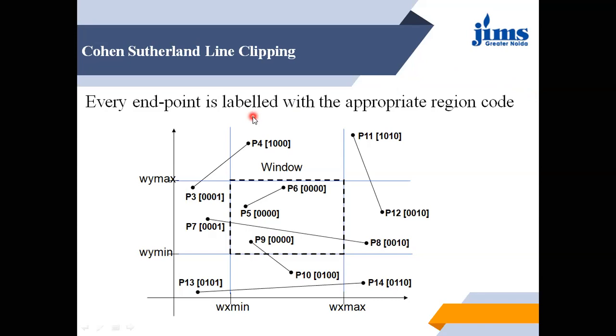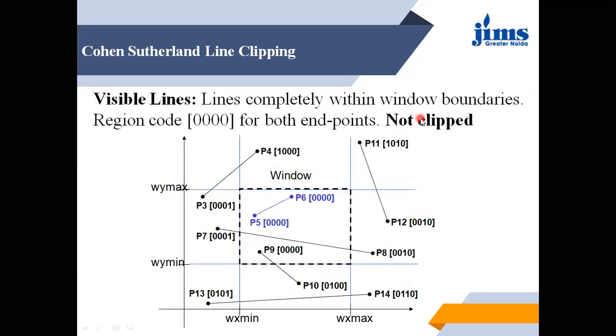When every endpoint is labeled with the appropriate region code, then to find whether the line is visible or not, both the end codes of the line must be 0, 0, 0, 0, or we can say it is not above the window, not below the window, and not in the left and right region of the window.